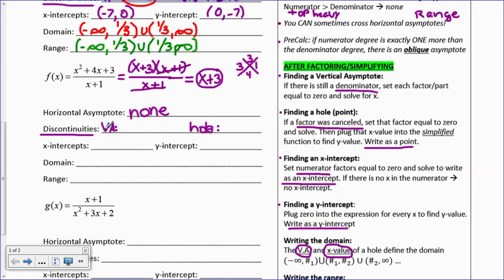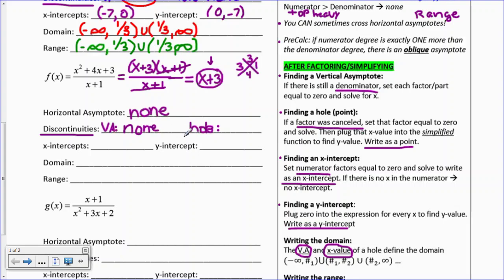This is an interesting example because we had a denominator initially, but then when we factored and canceled stuff, the denominator went away. Because our information for the second part of the question is all based on the simplified form, even though I had a denominator over here, if I don't have a denominator anymore after simplifying, then there is no vertical asymptote.